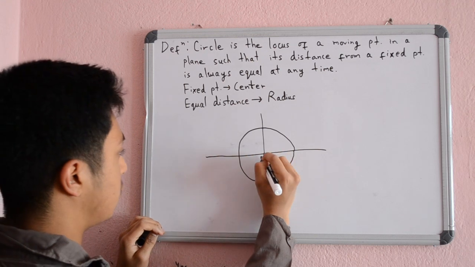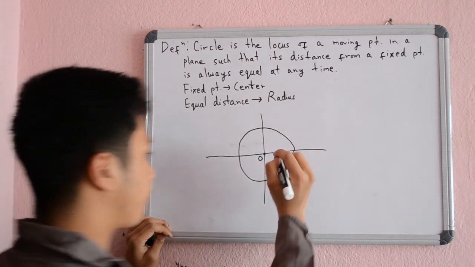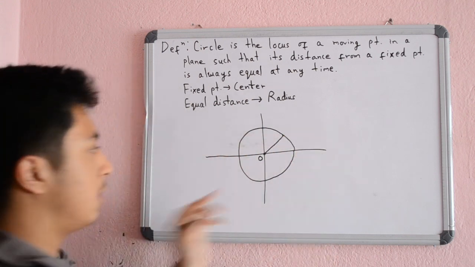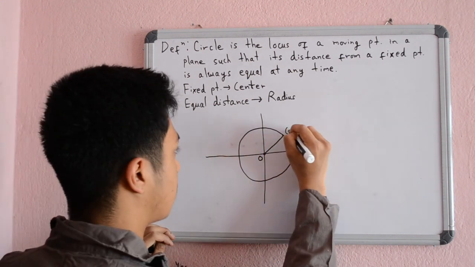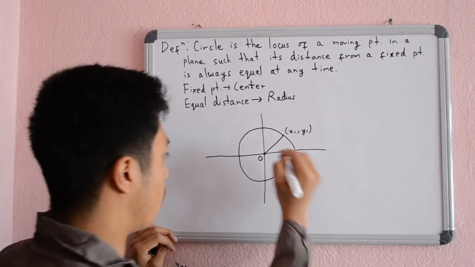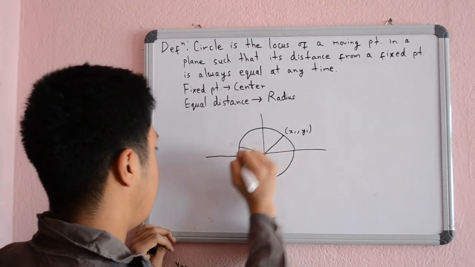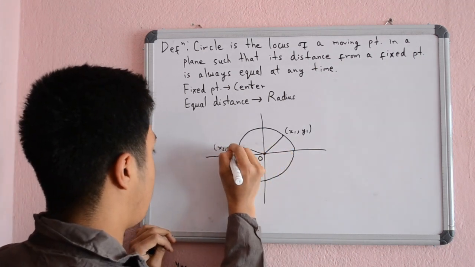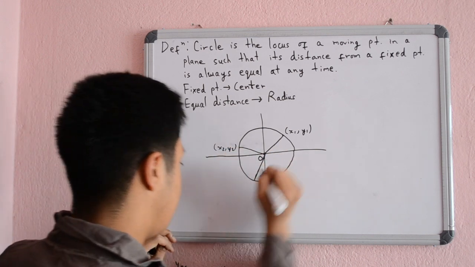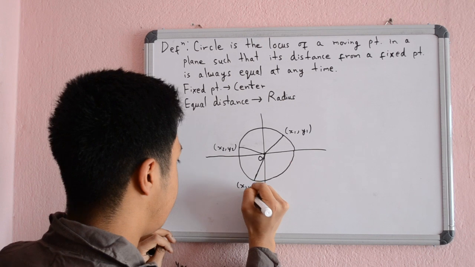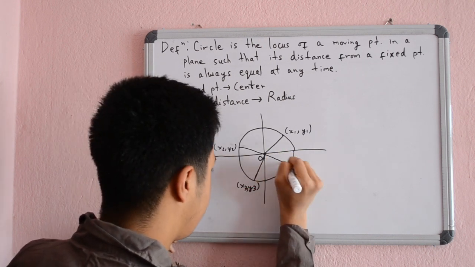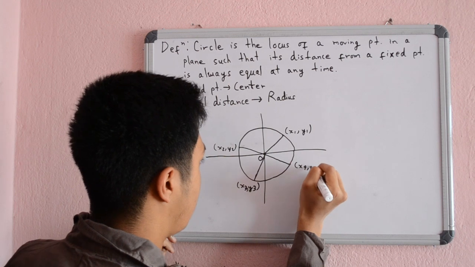So this is the origin, call it O. And here, let's look at a point on the circle. Let's call that point x1 comma y1. And let's look at another point, call that x2 comma y2. Here x3 comma y3, and here x4 comma y4.